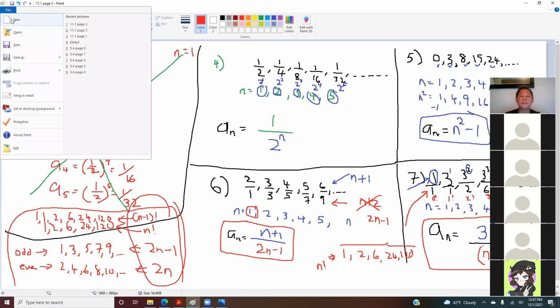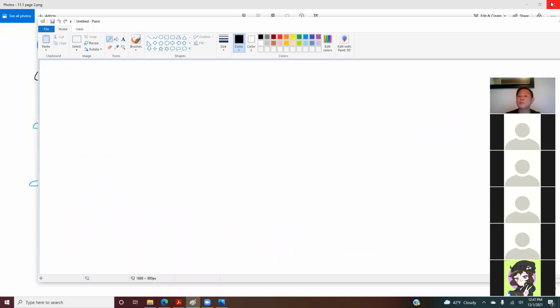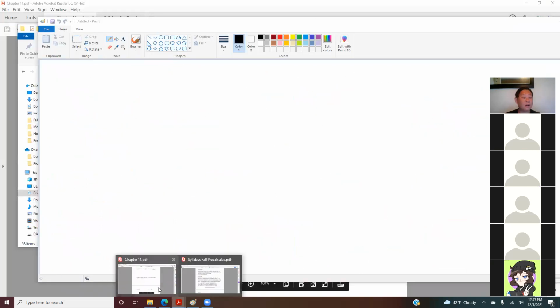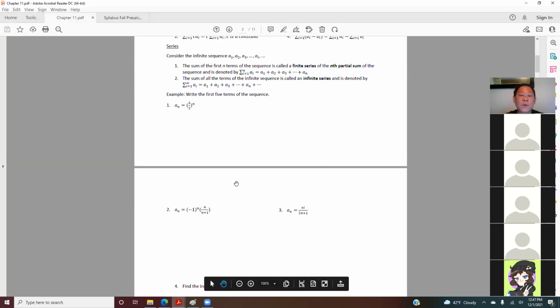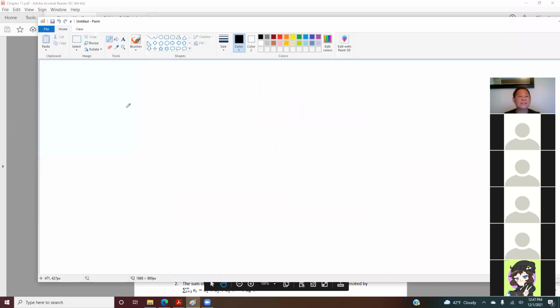Okay. So this is all about sequences. As you know, this section consists of 2 parts, sequences and series. What we talk about here is mostly sequences, and we talk about series just a little bit. Series is like sequences, but instead of giving me the terms separated by commas, you add.